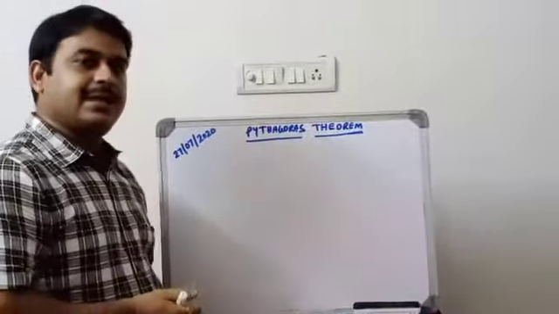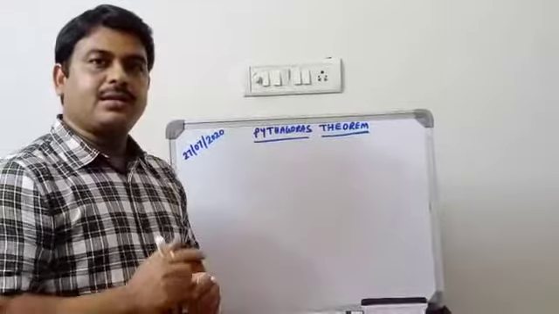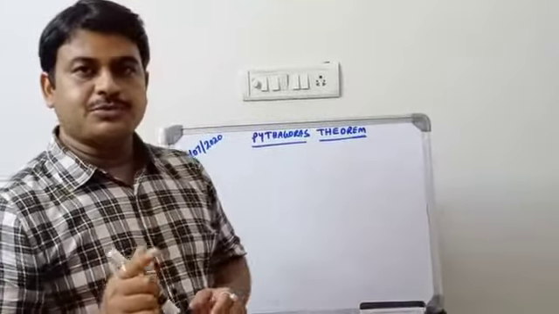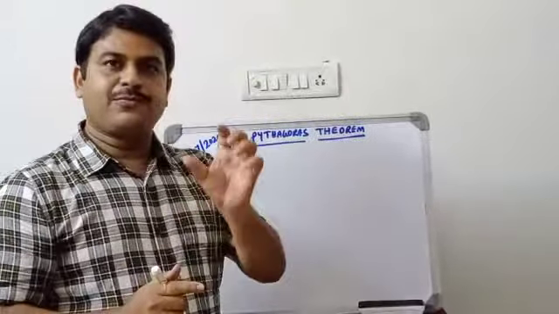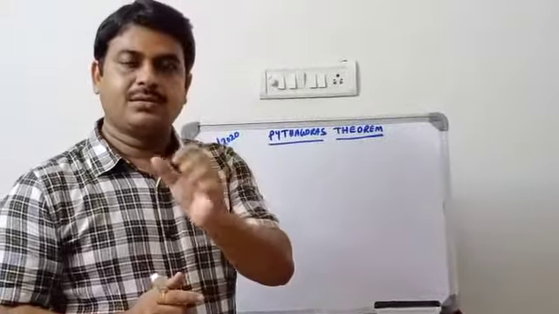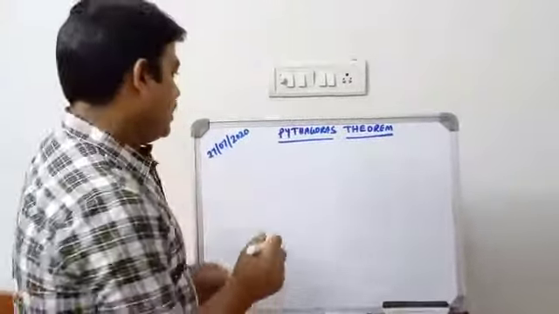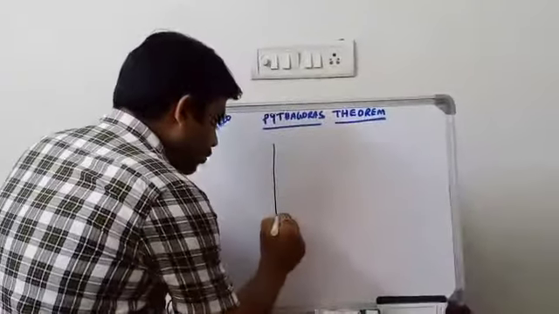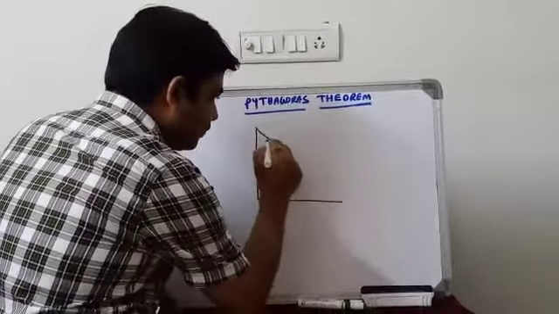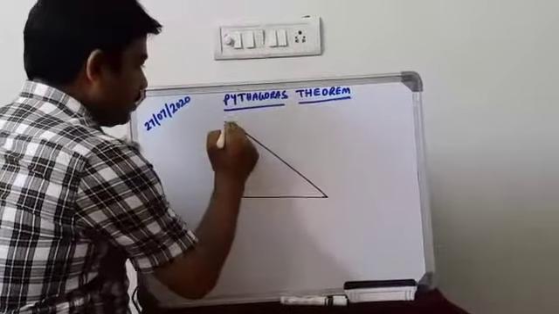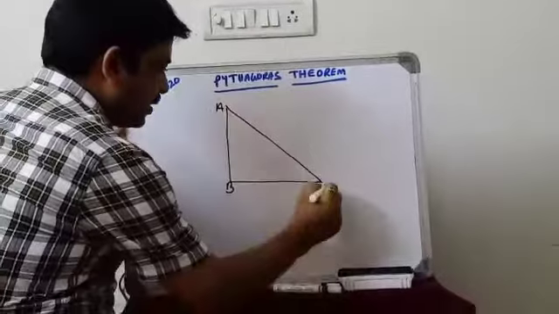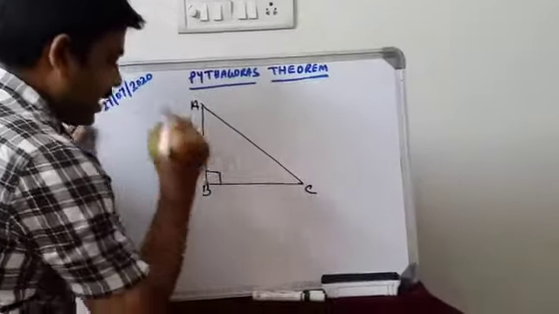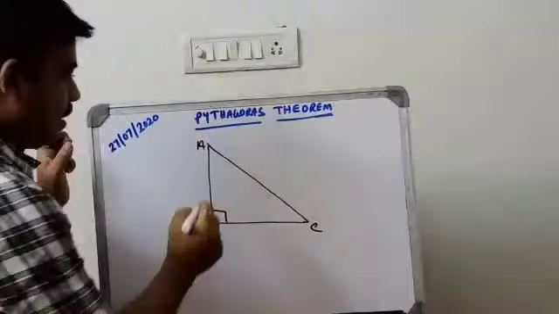Pythagoras theorem states that in a right angle triangle, hypotenuse square equals the sum of the squares of perpendicular and base. That means, suppose I draw one right angle triangle, ABC is a right angle triangle, angle B is 90 degrees, that is the right angle.